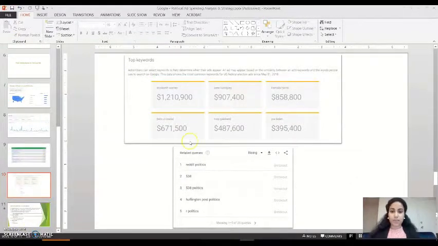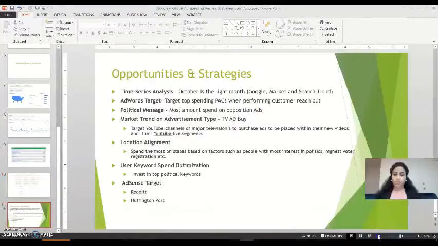These keywords are related to the political topic, and the top keywords that ad spenders spent on were the names of politicians, while we see that the top keywords that users searched for in the politics category was Reddit politics, 538 politics, Huffington Post politics, to name a few. And we'll look at how we can align the user trend to better assist our ad spenders on which keywords to spend the most on.